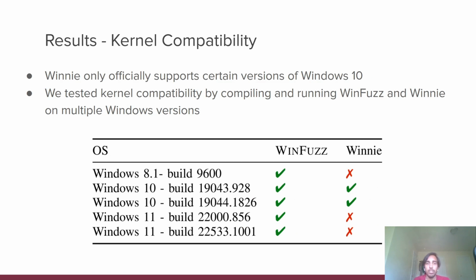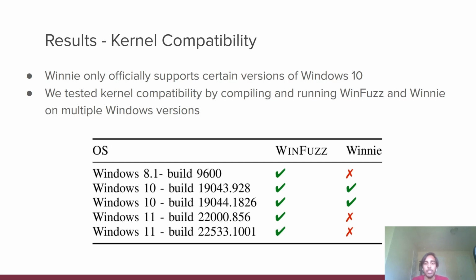Now, one of the more important criteria that we had was kernel compatibility, where our claim was that our technique is kernel agnostic. It does not depend on Windows kernel's API features and thus can be ported across different versions of Windows. In order to test this, we tried to build and run WinFuzz and Winnie on different Windows versions.